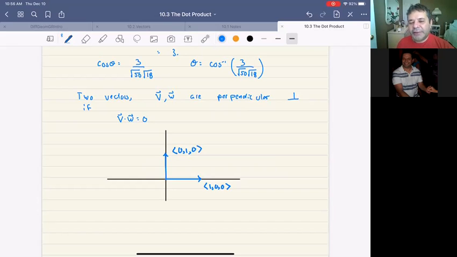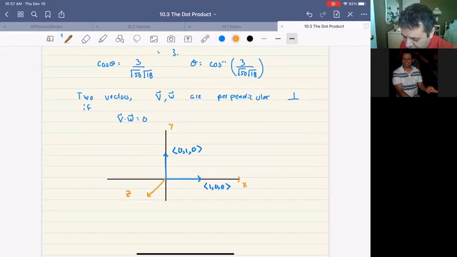And their dot product is 0 and they're perpendicular. Of course, k is this vector. So here I'm doing x, y, z. Remember, right-hand rule, this works.